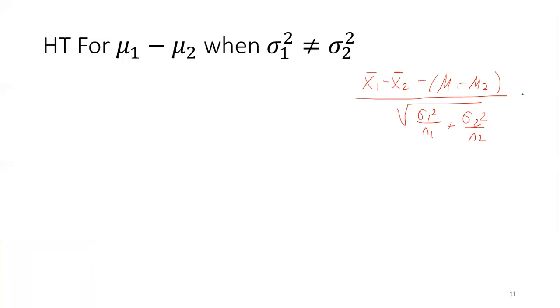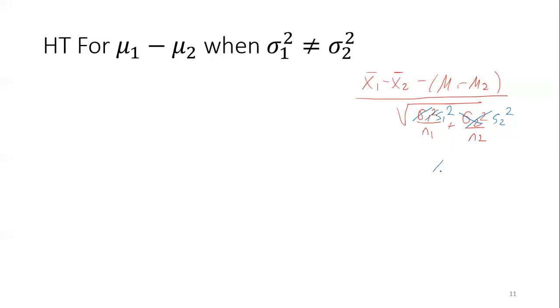We said that this is standard normally distributed. Since I don't know sigma 1 and sigma 2, but I have S1 and S2, what I can do is erase this and write S1 square here, and erase this and write S2 square here. Now I have x1 bar minus x2 bar minus the mean, divided by the sample standard deviation.